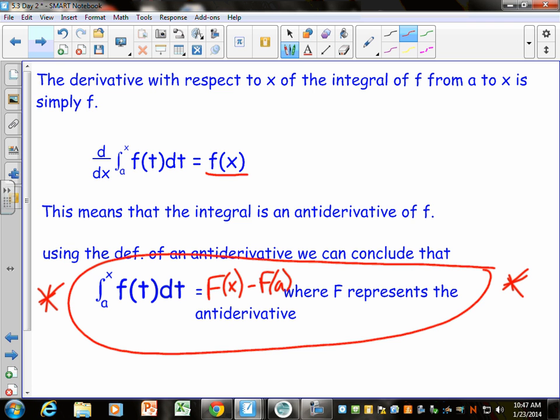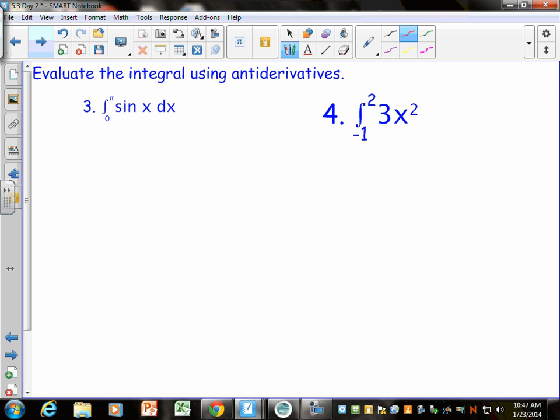Let's do one with a real problem, and then you let me know what questions you have about it, okay? So it says evaluate the integral using antiderivatives. If I asked you to find the area of sine of x from 0 to pi, we would have to use rectangles if we didn't have this thing that I just showed you, because it's a curve.